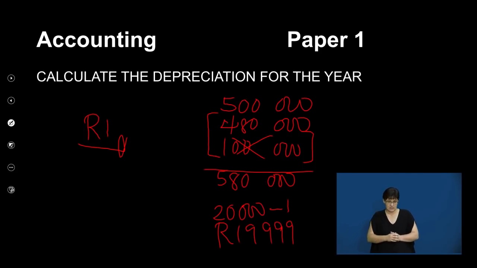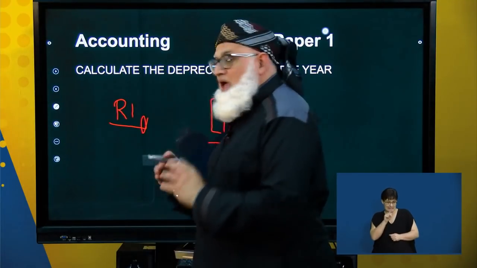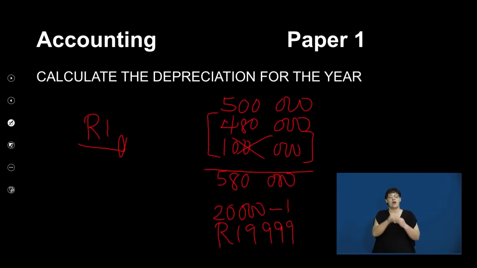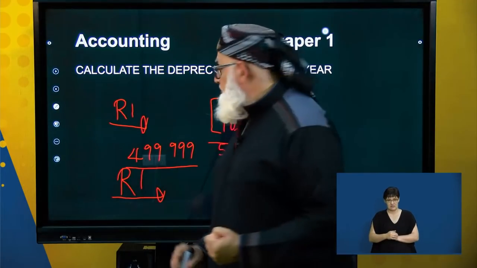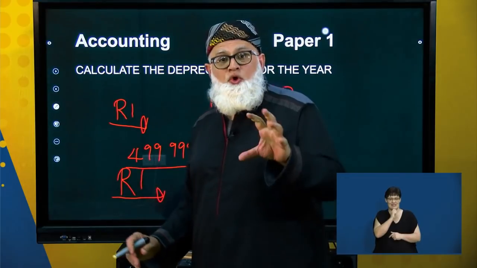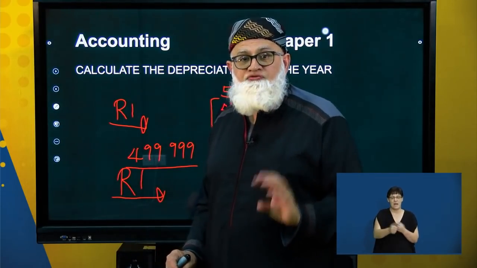In other words, watch this now. If you add the 480 plus your 19,999 Rand, you are now going to arrive at the total accumulated depreciation of 499,999 Rand, thereby giving you a carrying value of 1 Rand. This is where we use this method in order to arrive at our carrying value of 1 Rand.